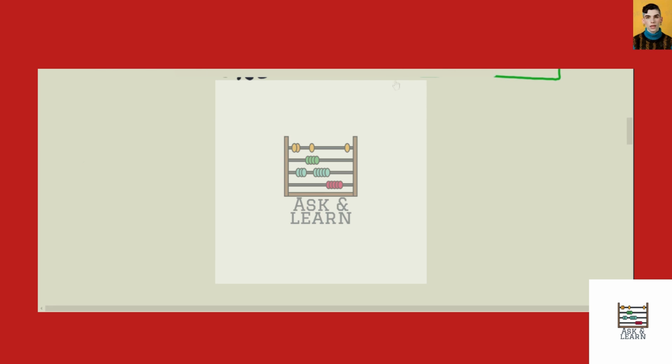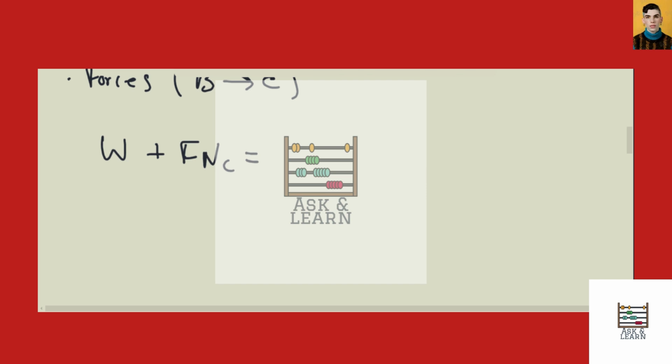So again, now we can just be looking at the forces from just point B to point C. So here we have the weight of the cart plus the normal force it experiences at C equals the mass times acceleration.